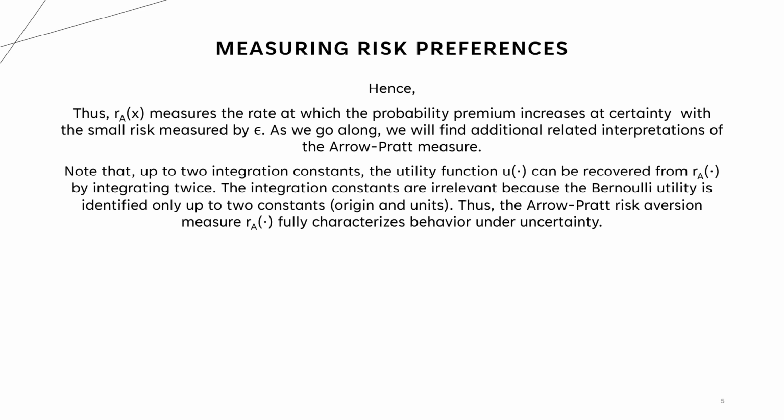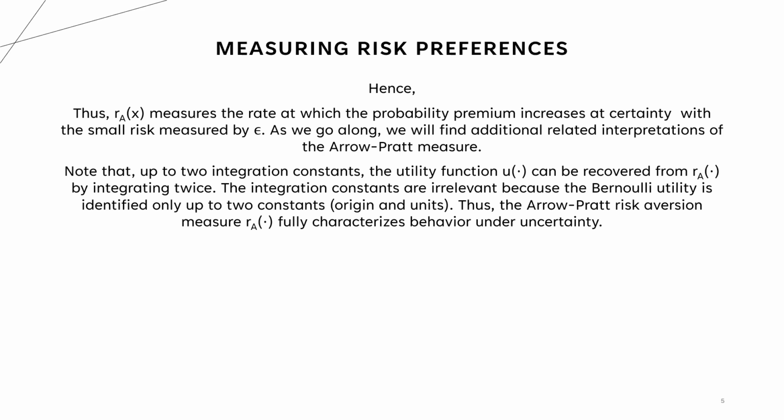So here we see how the Arrow-Pratt coefficient is related to the rate at which an individual demands compensation for risk. We define the risk premium, how much someone is willing to pay to avoid the risk, and connect it to the Arrow-Pratt measure. So this gives us an understanding of risk preference under uncertainty. So in simple terms, the Arrow-Pratt measure tells us how much more someone is willing to pay to avoid risk as wealth increases.